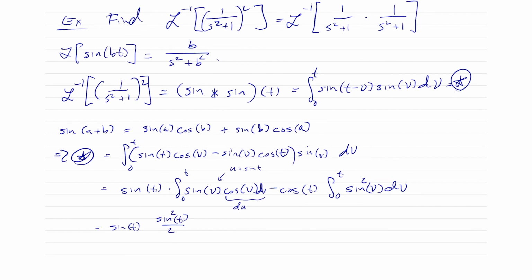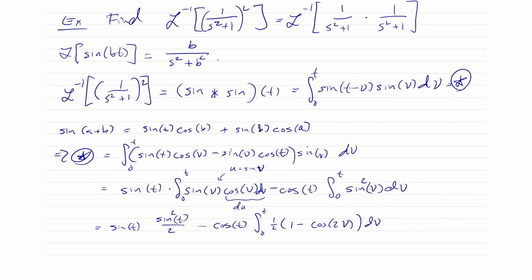Over on the other guy, we have cosine of t, and sine squared is converted to 1/2 of 1 minus cosine of 2t, or 2v, my mistake. And this should have been sine of v up here. Then this becomes dv.